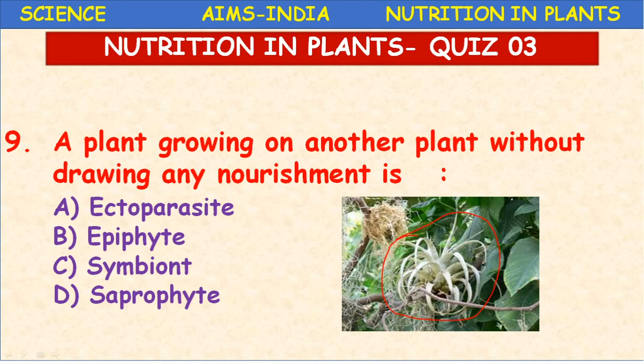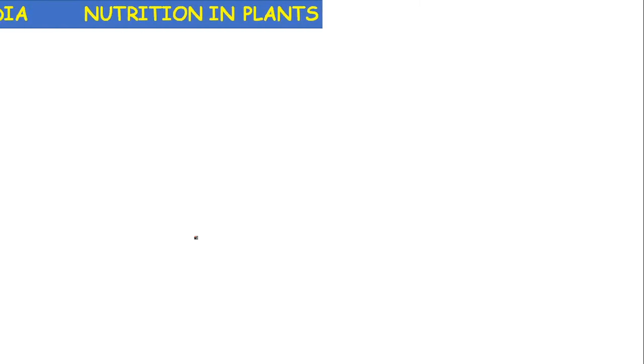The plant is growing on another host plant. It is not a parasite, so we should not call it a host. Such types of plants are called epiphytes, epiphytic plants.